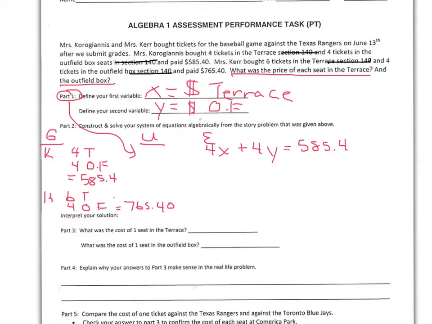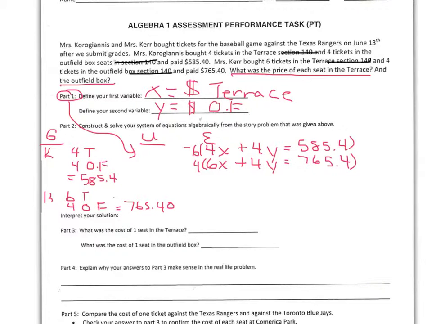And then I bought the 6 terrace tickets and the 4 outfield tickets, and I paid this much. So the method that we taught you to do elimination, you multiply the first parenthesis by the opposite coefficient in the second equation, and then you multiply by the first coefficient in the first one.